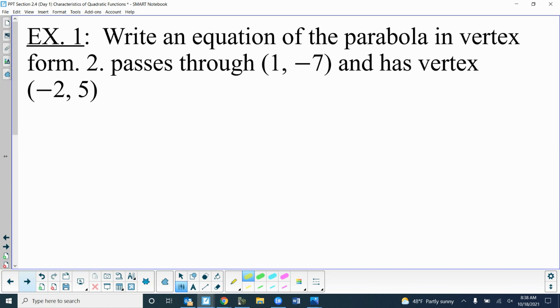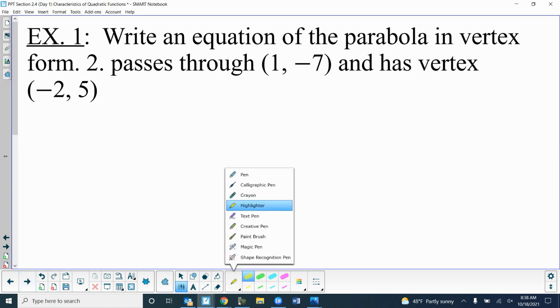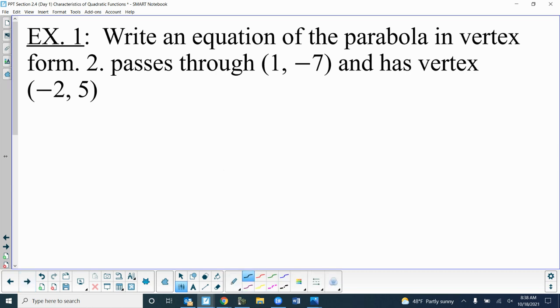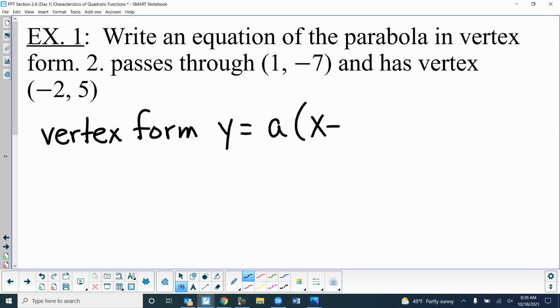Okay, so again, we should have this down now, but if you don't, write it for yourself. Put it at the top of your paper. Have your notes with you. All right, so y equals a times x minus h squared plus k. This is the one we're using, okay, because they gave us a vertex and a point.